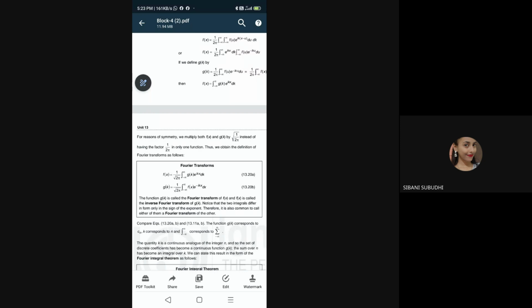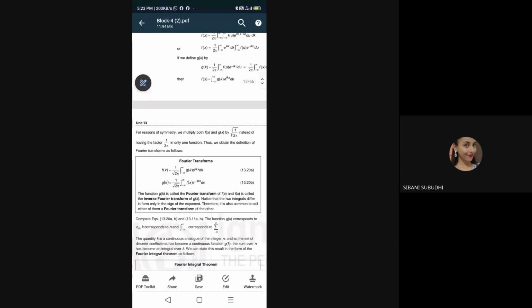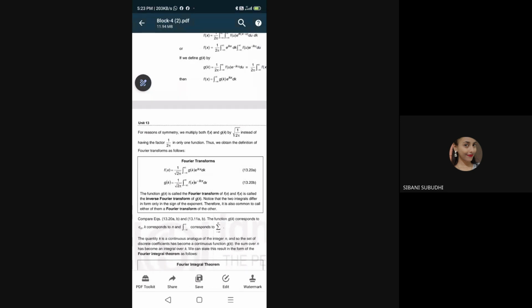In your Fourier transform, the sign of the exponential part is positive, e to the power i k x, and in the inverse Fourier transform you have e to the power minus i k x.